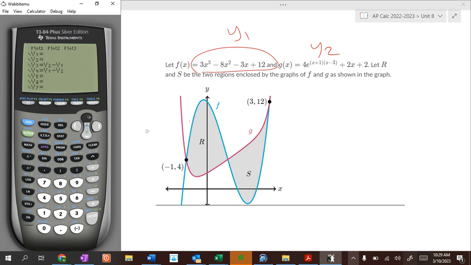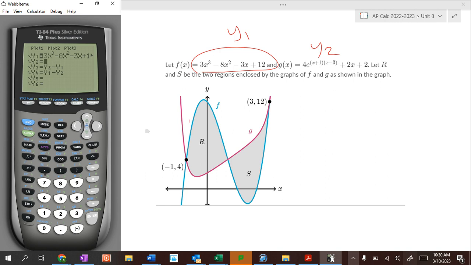Good, but no. So 3x cubed minus 8x squared minus 3x plus 12.